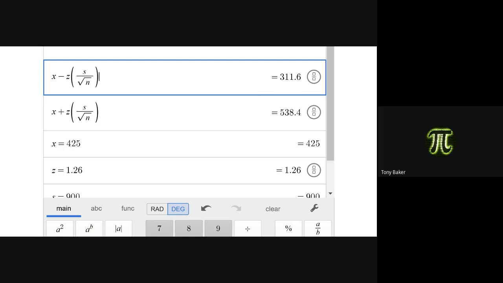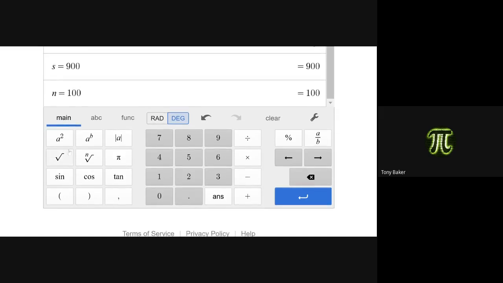The parentheses or the square root? The parentheses I got, but like the S over. So S divided by, use the slash key on your keyboard, right next to the shift on the right side. And then you can use the square root button on the screen, right on the bottom next to the squared button, there's a little check mark button.